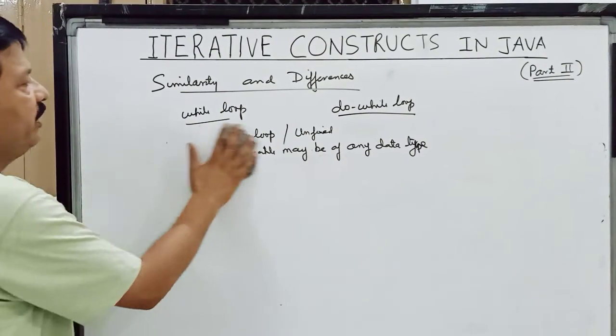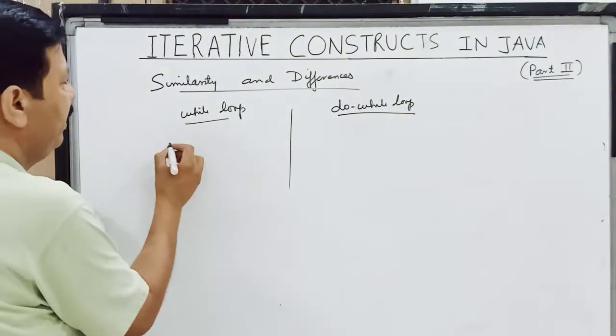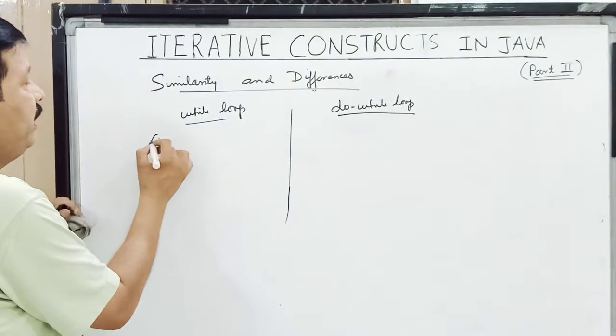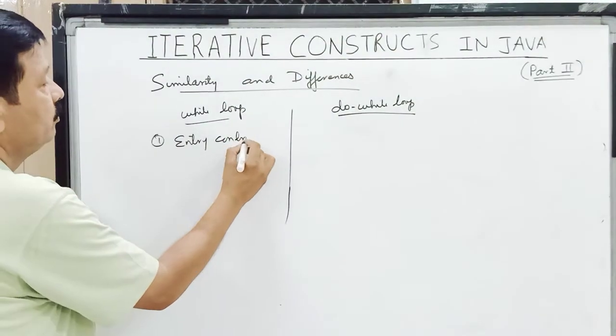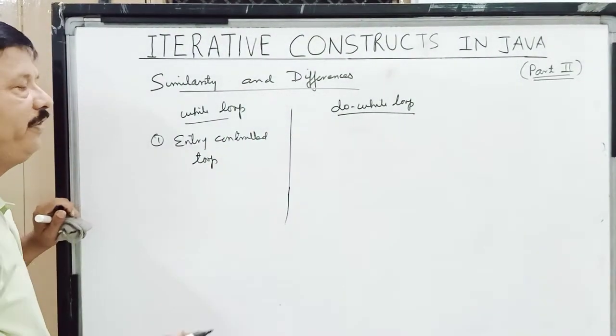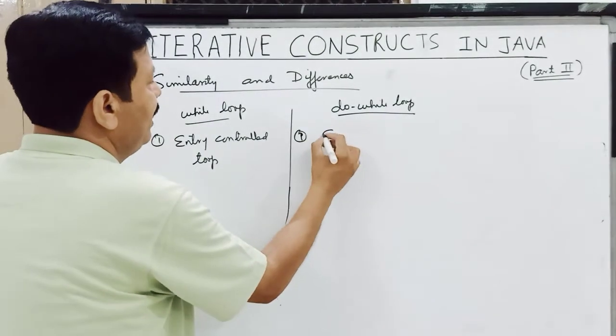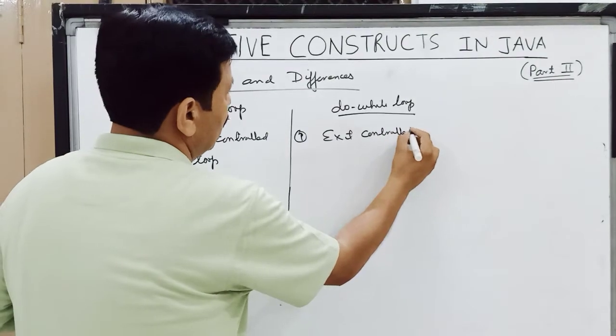And now we come to the differences between these two, and the difference is this is an entry controlled loop. So while is an entry control loop, here we say that it is an exit controlled.